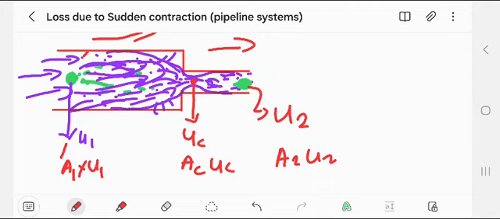The formula: remember there will be head loss here. As you can see, there will be head loss.